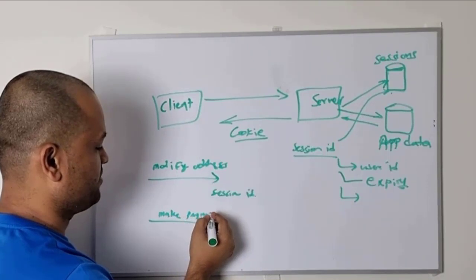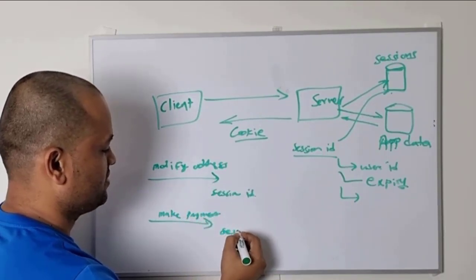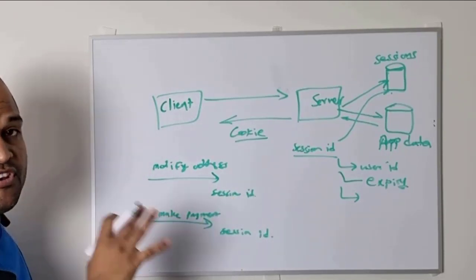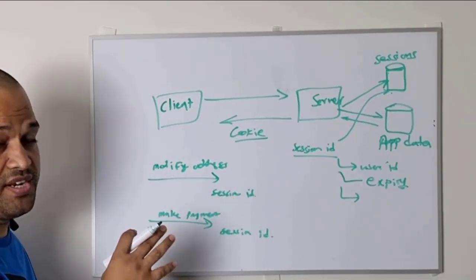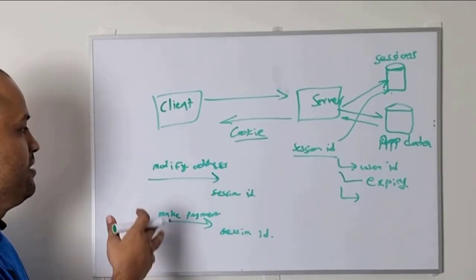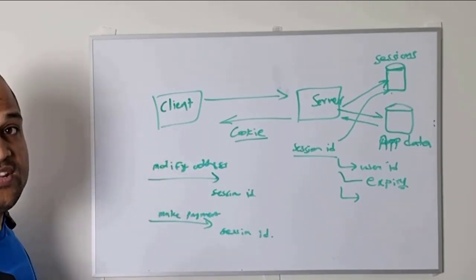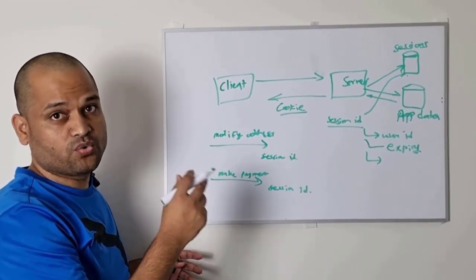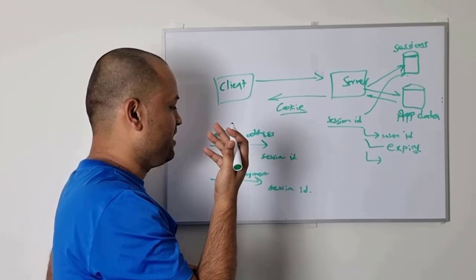So make payment. So this time also the session ID is sent. So the session ID is sent in every request. Every request, the session ID is being sent in that particular cookie along with other data. For example, if he wants to modify the address, it will send the address in the payload plus the session ID in the cookie, or it can be sent in the header as well.